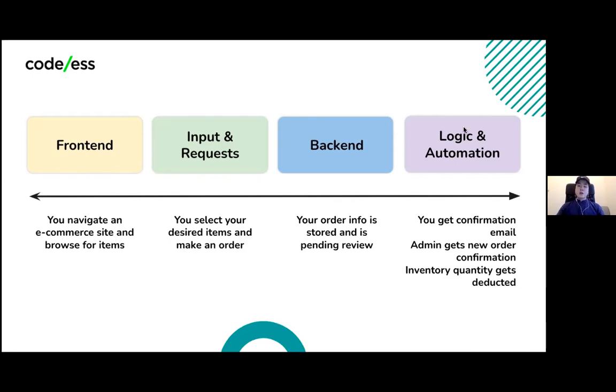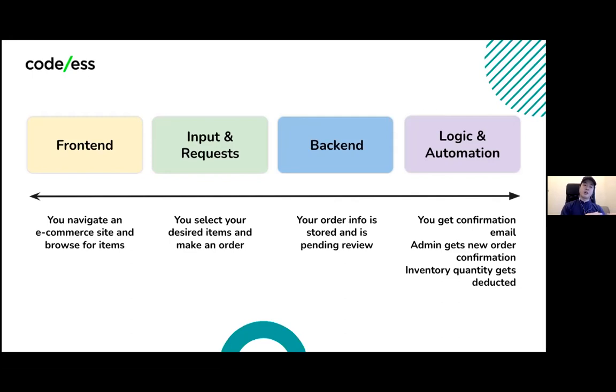So logic and automation comes in with how you design this so-called user journey, right? And logic and automation is very simple. Once you make this order, obviously you're getting a confirmation email of your order. At the same time, the admin gets a new order confirmation. A little bit more sophisticated in terms of automation is that the inventory quantity actually goes down.